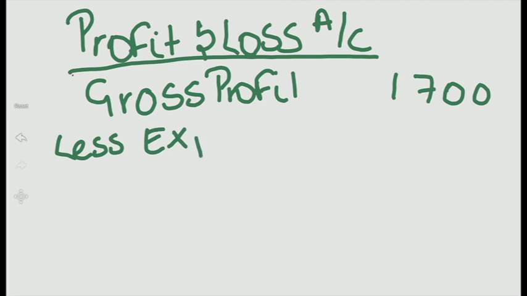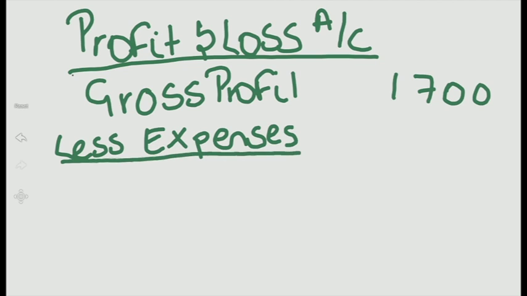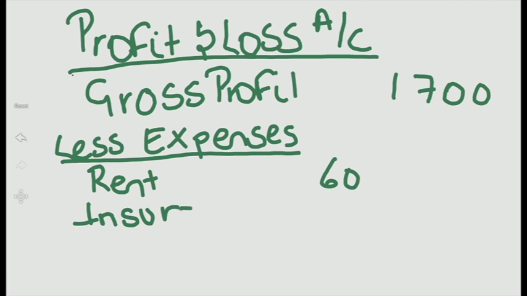These expenses we have seen in our ledger, we have seen in our trial balance. Everything that we record is taken from our trial balance. So expenses could be what? It could be rent for shop, 60 emalangeni. Could be insurance of 120 emalangeni.